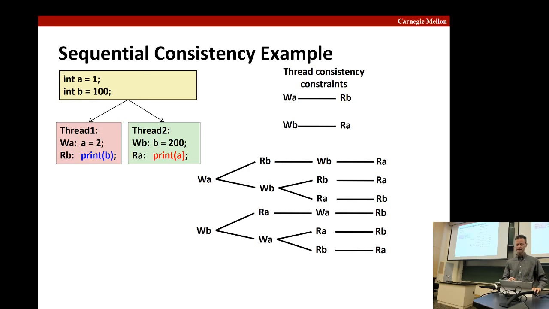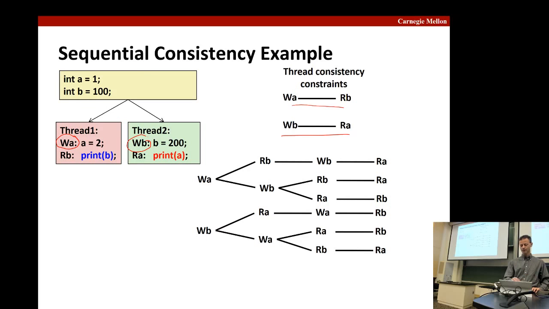So what this shows, for this exact same program, is all the possible combinations of things that can happen. Because of the thread consistency ordering, the ones that have to take effect first are the first operations of each thread, one or the other.